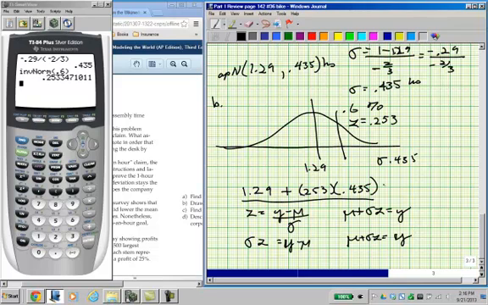Okay, so that's what I have here, and we take 1.29 plus 0.253 times 0.435, and we get 1.4 hours, 1 4/10 hours.